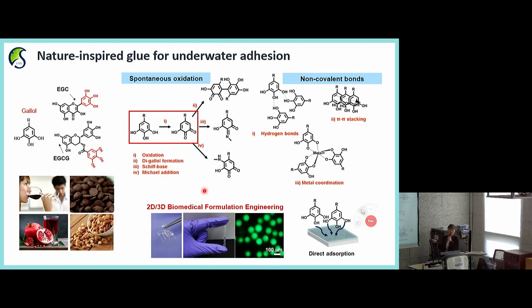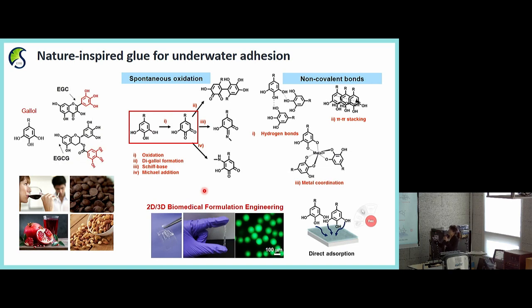This is the chemical mechanism involved in their chemistry. First of all, the gallol or catechol can be easily oxidized to form the quinone form. The quinone is highly unstable, so they can cross-link by themselves to form covalent bonds. Using this covalent bond, we can make the hydrogel via cross-linking. They also have multiple non-covalent bonds, like hydrogen bonding, pi-pi stacking interaction, and metal coordination.